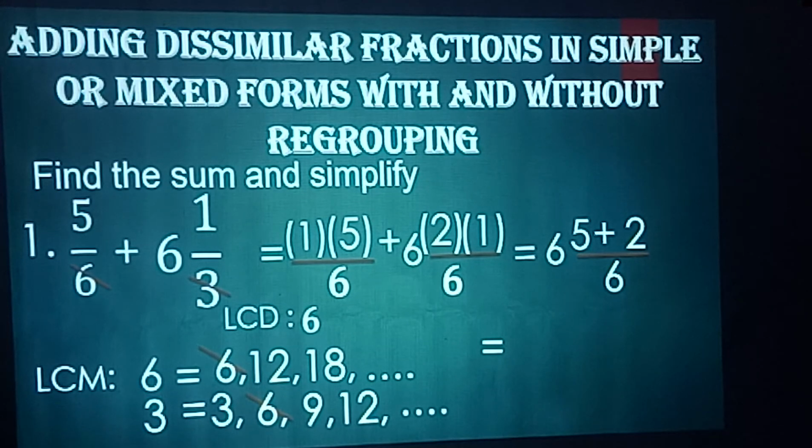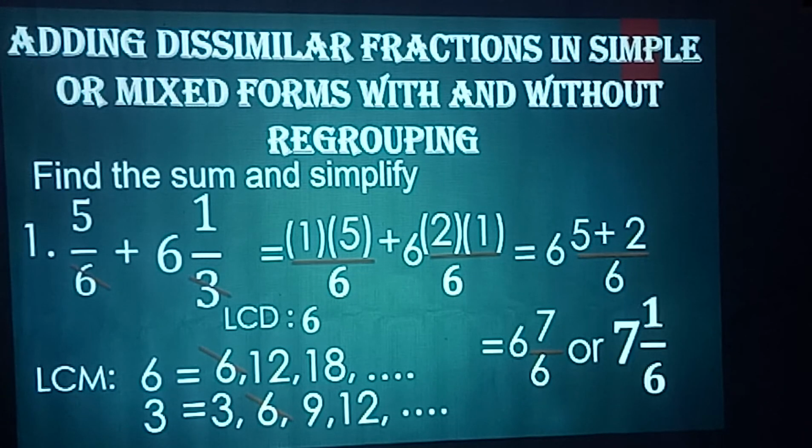So therefore that is 6 and 7 over 6. That's not the final answer. Okay, so since 7 over 6 is greater than 1, that is equal to 7 and 1/6. So that is the final answer.